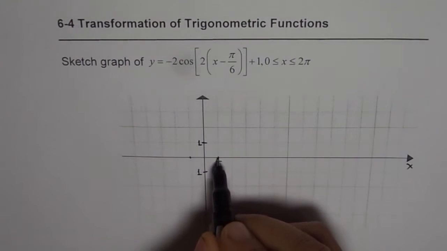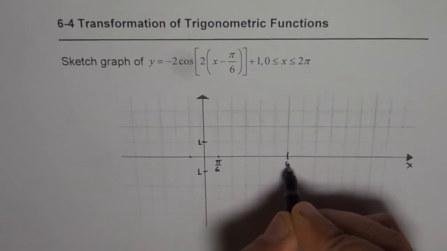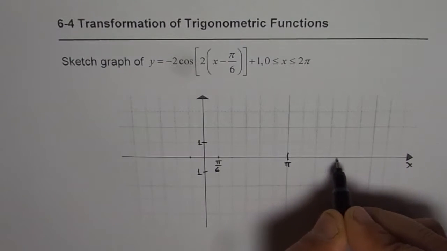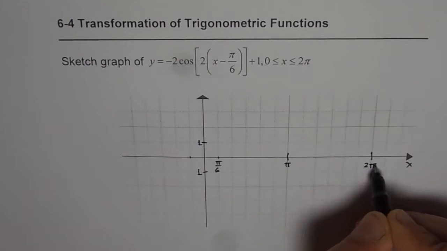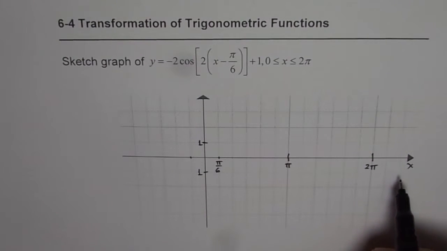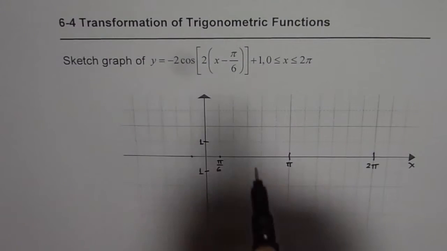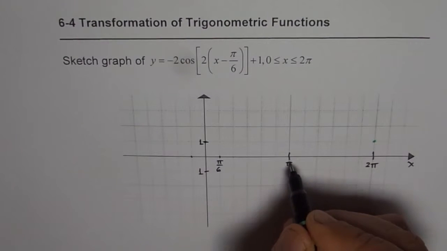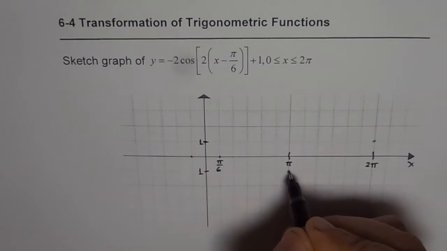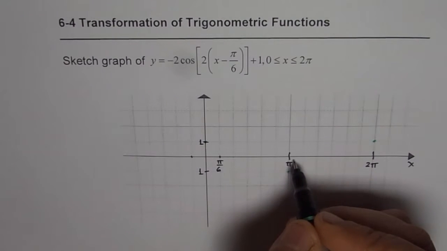If it is pi by 6, 1, 2, 3, 4, 5, 6, so that will be pi for us. 1, 2, 3, 4, 5, 6 will be 2 pi, right? So we have this. In general, the basic cosine function starts at 1, ends at 1. It has a minimum of minus 1 at pi, and it goes through zeros at pi by 2, midway, right?